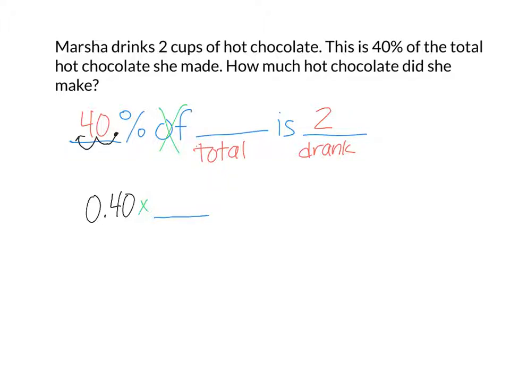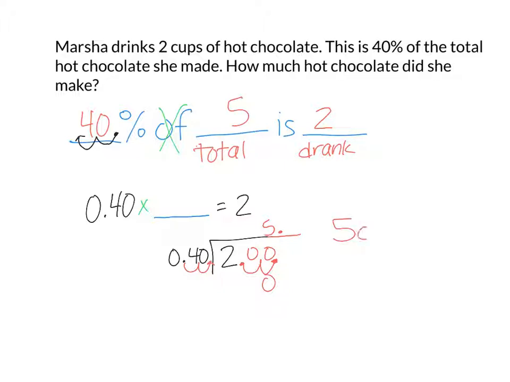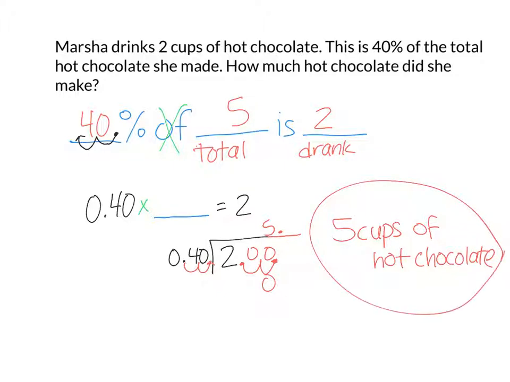I don't know what I'm multiplying by, but I do know in the end it will equal 2. So now to solve this, I'm going to divide. So in the end, we figured out that Marcia made 5 cups of hot chocolate. Notice how I wrote a label or a unit with my answer. So 5 cups of hot chocolate is the answer.